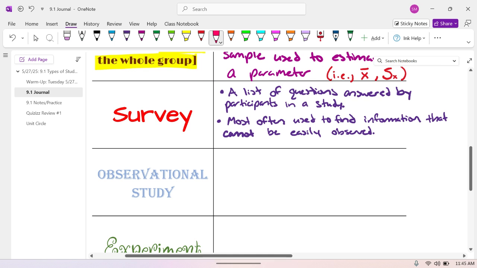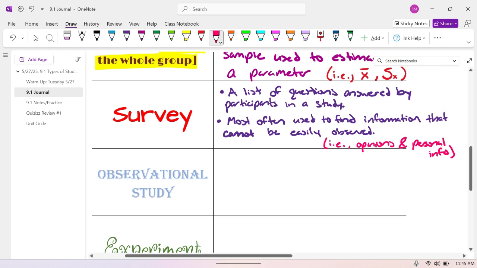Now, specifically, surveys are mainly opinions and personal info. For example, the forms that you fill out at the doctor's office, like when they ask you, have you ever smoked? How often do you drink alcohol? That's technically a survey, but it's talking about your personal info.